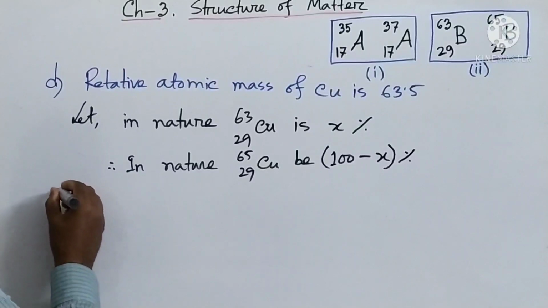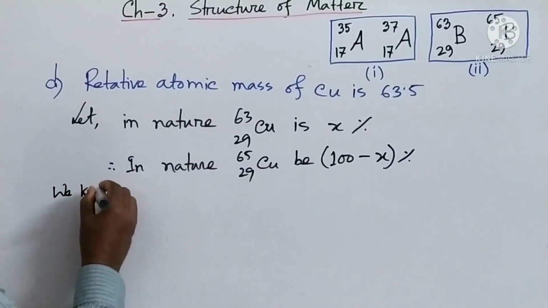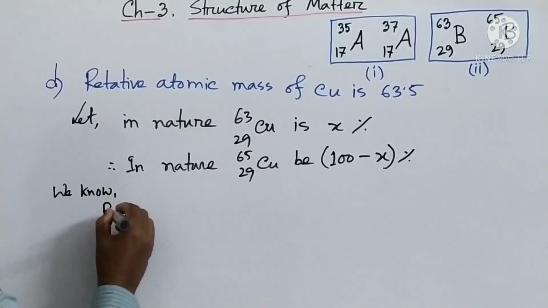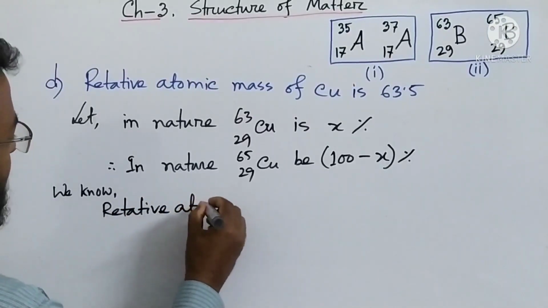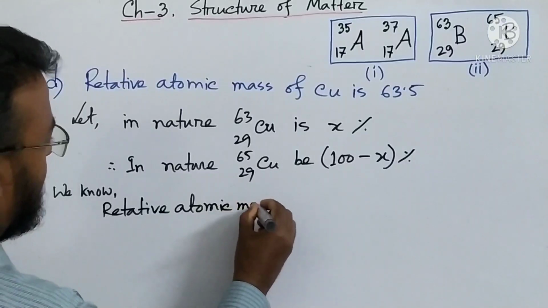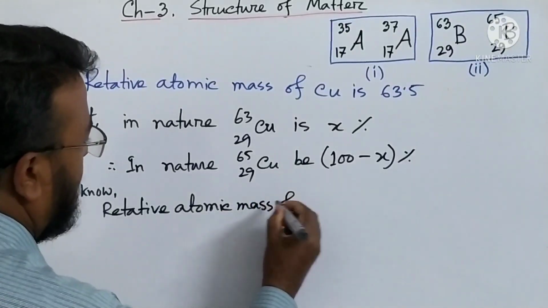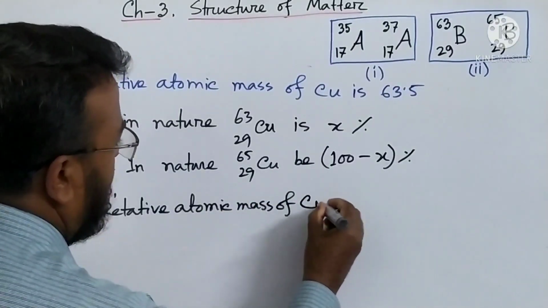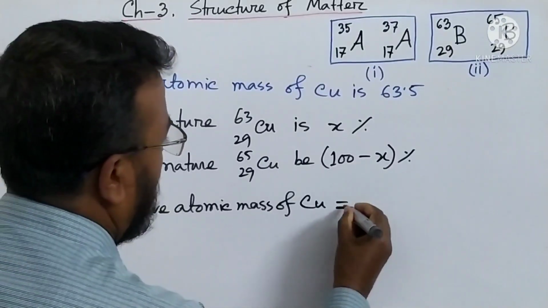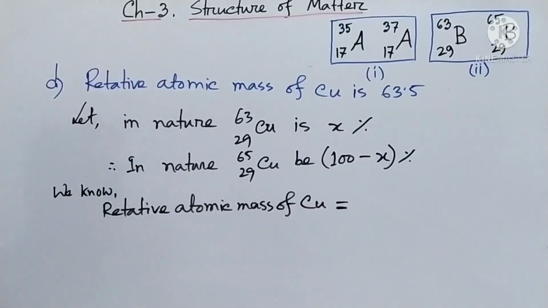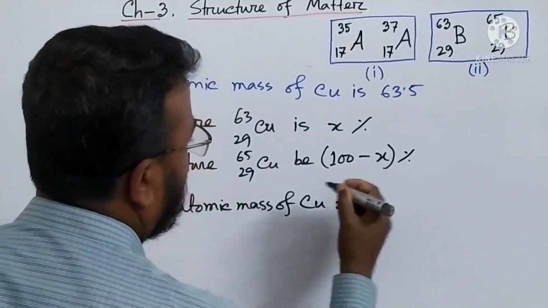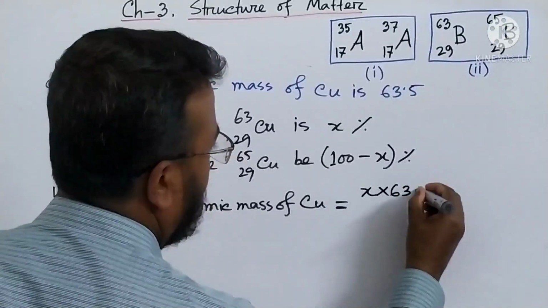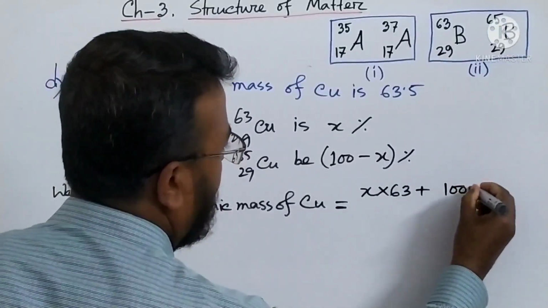Okay, now we know average relative atomic mass of copper equals, by applying the formula, X into 63 plus 100 minus X into 65, then divided by 100.